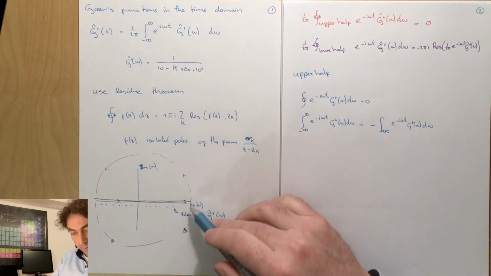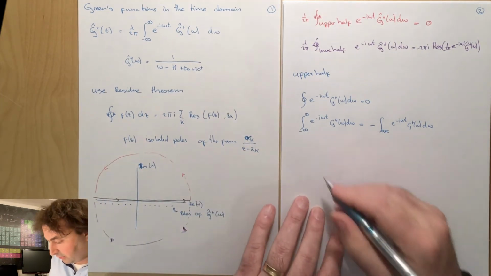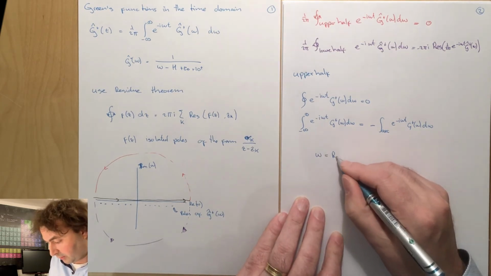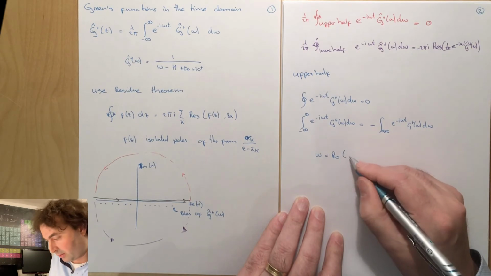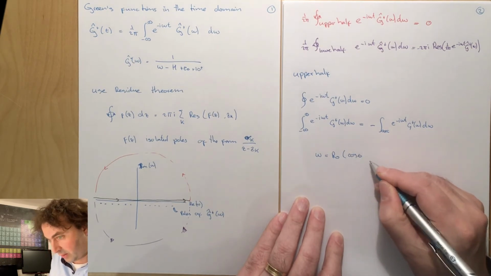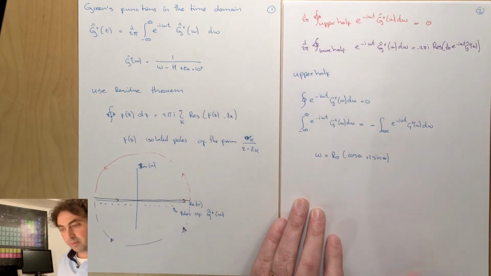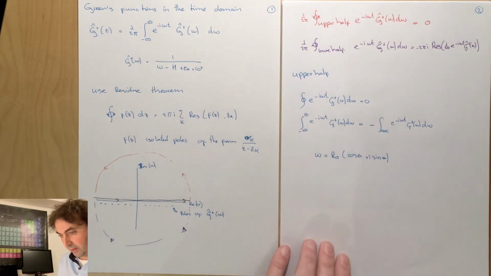In order to calculate the integral over this arc, we're going to replace omega by polar coordinates, where we take r0 times cosine theta plus I sine theta, and we let r0 go to infinity.